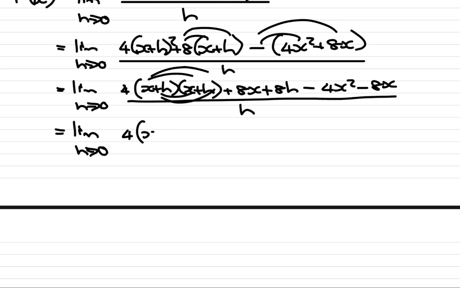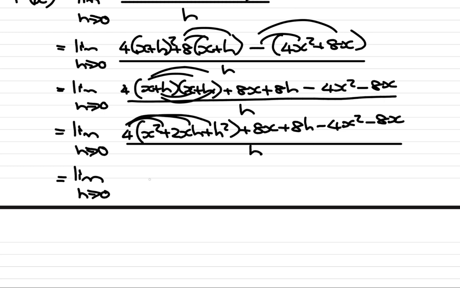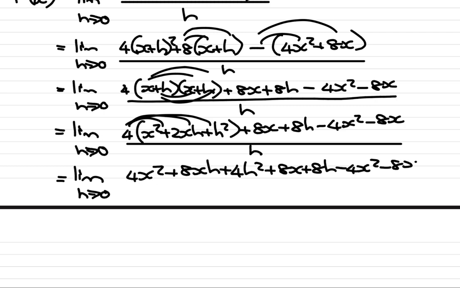So it's x squared plus 2xh plus h squared, plus 8x plus 8h, minus 4x squared minus 8x, all over h. Let's keep on simplifying as far as we can. We're going to distribute this 4 into the bracket now: 4x squared plus 8xh plus 4h squared plus 8x plus 8h minus 4x squared minus 8x.